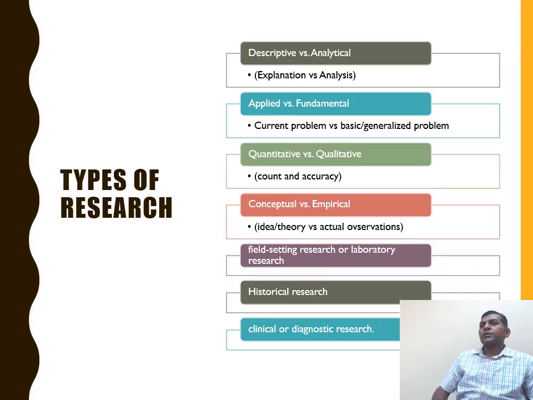There are different types of research, so we can classify them in different types. First is descriptive versus analytical. Descriptive research has a lot of explanation, details, and how the process of research has been done.